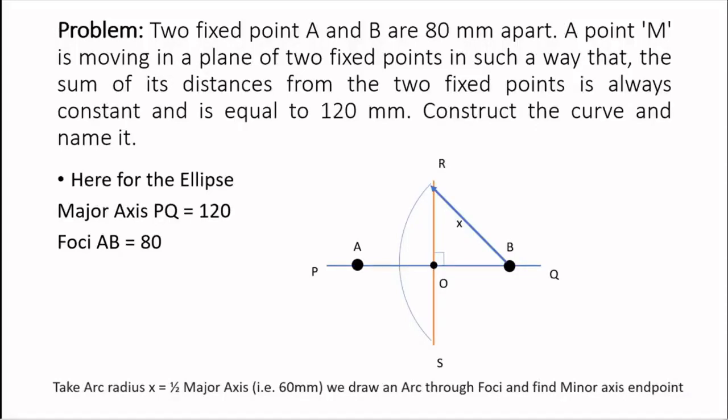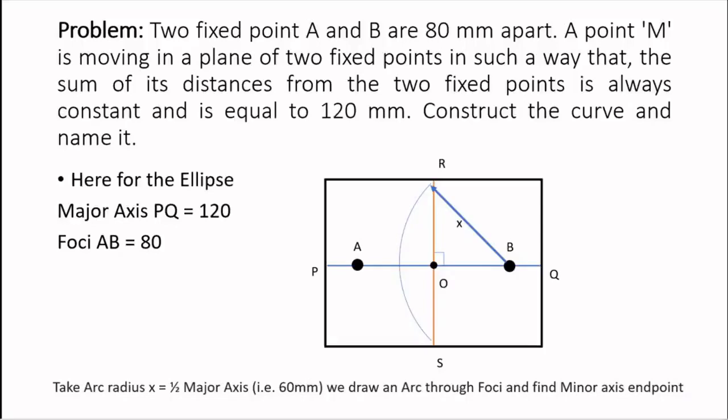So this is the overview, and after finding the minor axis, we would be constructing a rectangle through points PQRS, and then we'll inscribe an ellipse inside this rectangle. So the endpoints P, Q, R and even S are on the ellipse. A and B foci lie inside the ellipse.